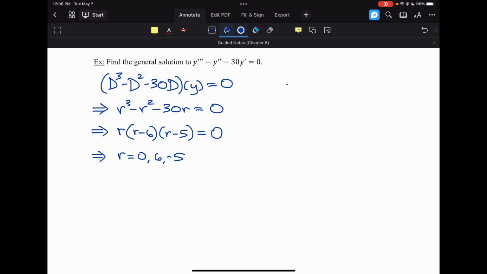So we're going to have our three potential solutions here. y1 is e to the 0, so that's just 1. y2 will be e to the 6x, and y3 will be e to the negative 5x.